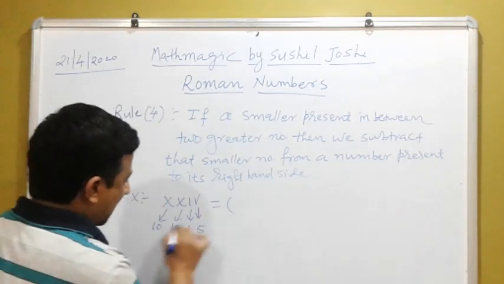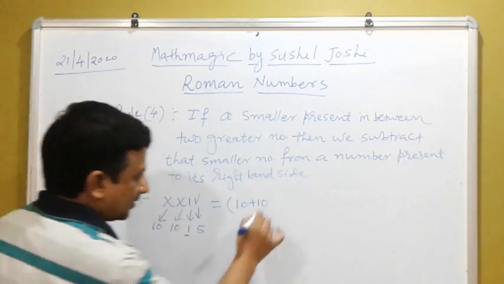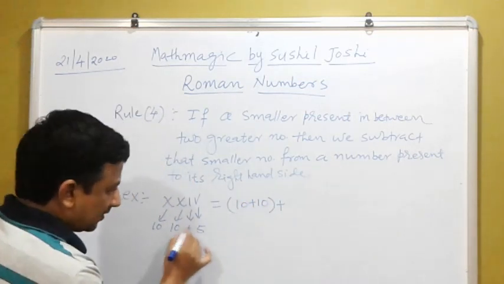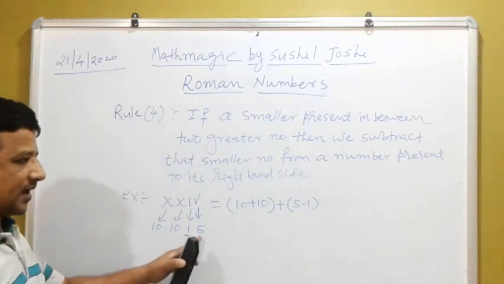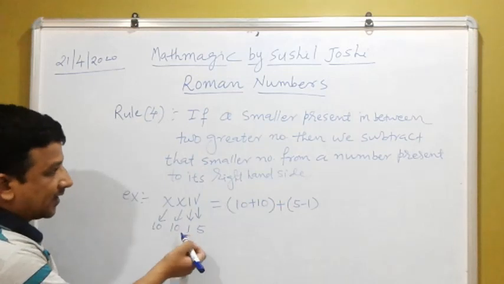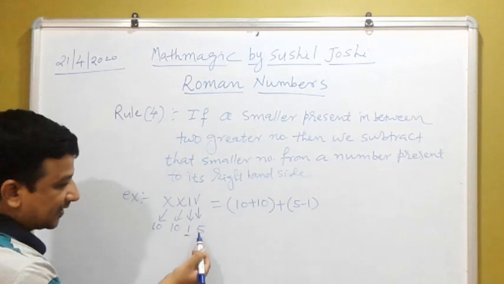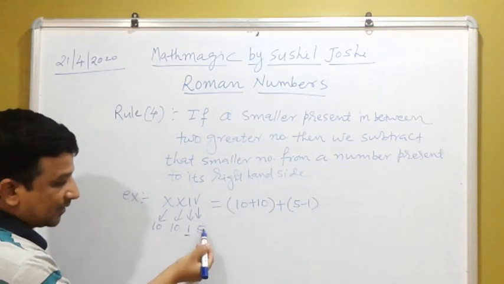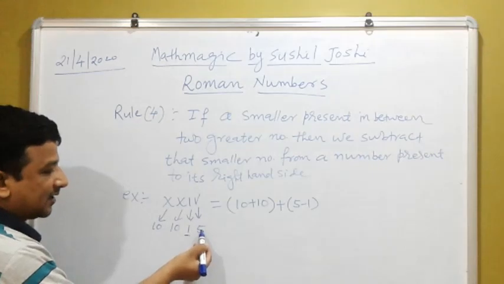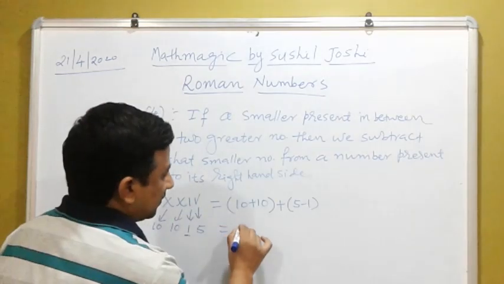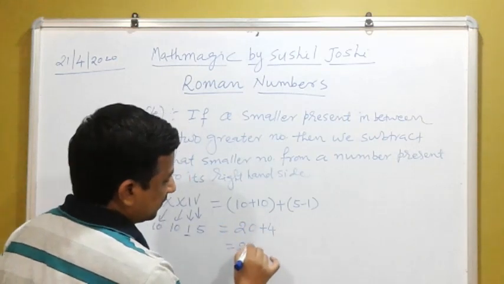It means that we add this 10 plus 10, plus we subtract 1 from 5. We subtract the smaller number from the number present to its right hand side. That means you have to subtract this 1 from 5. So we get 20 plus 4 is equal to 24.